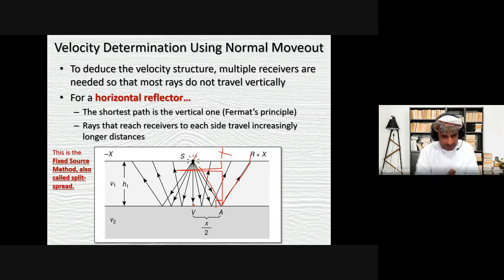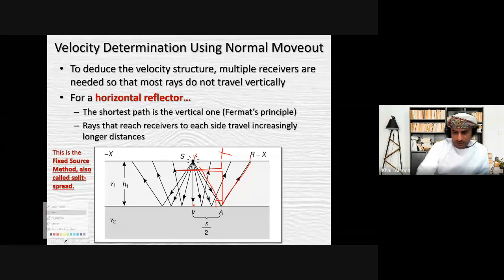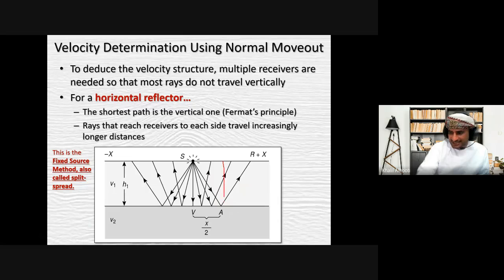That's the perpendicular line. The middle line is perpendicular. I already told you that reflections happen along the shortest path, whenever the ray hits the interface at a right angle. So all of these are at right angles, and you now have a right angle triangle.